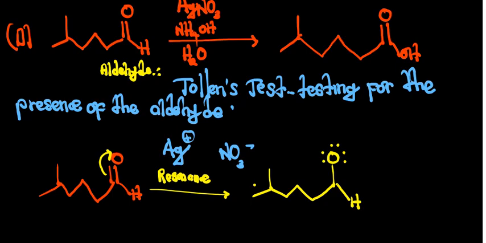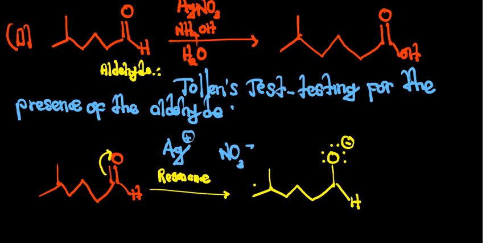This becomes negatively charged. When it becomes negatively charged, it's very easy to react with any other compound in the reaction, because the negative charge is saying that this is more reactive.